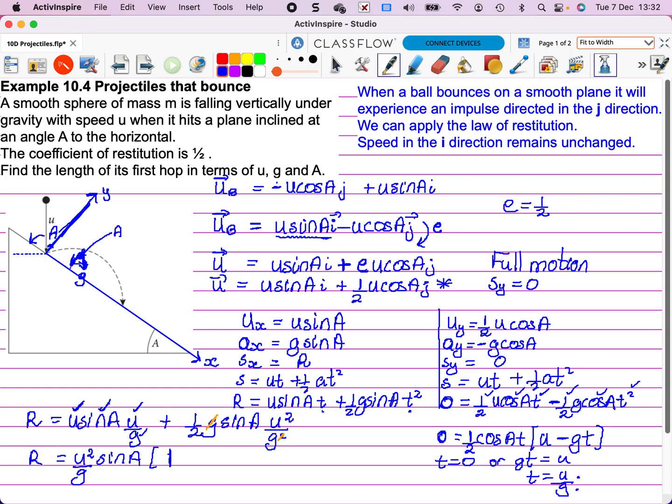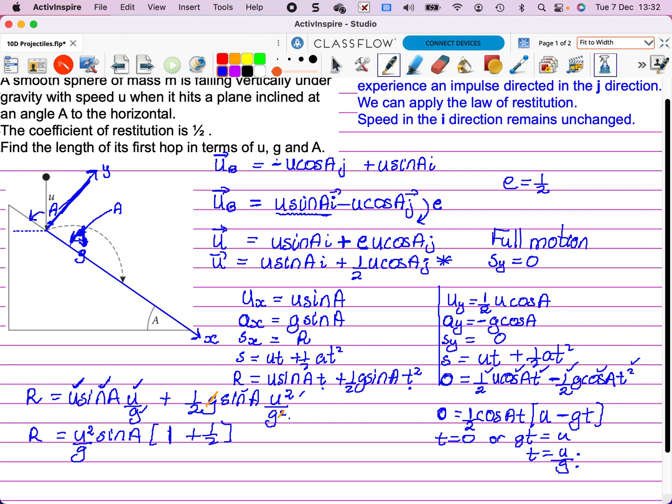On the other side, we've taken out the sine A, the u squared, and the g. So what's left behind is a half. And then when we tidy up, we're going to end up with R is equal to, well, 1.5 is 3 over 2, times u squared over g times sine A. And there's your expression for the range when we find the length of the first hop.